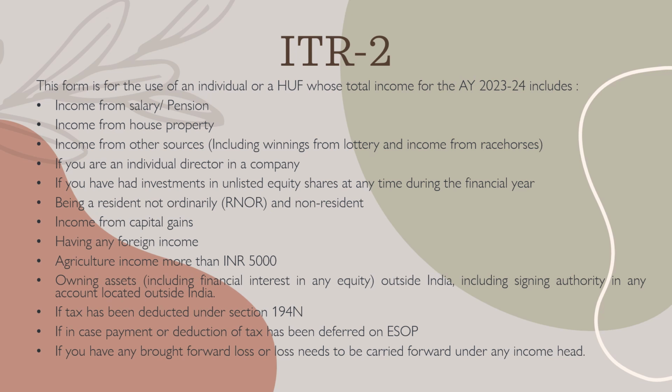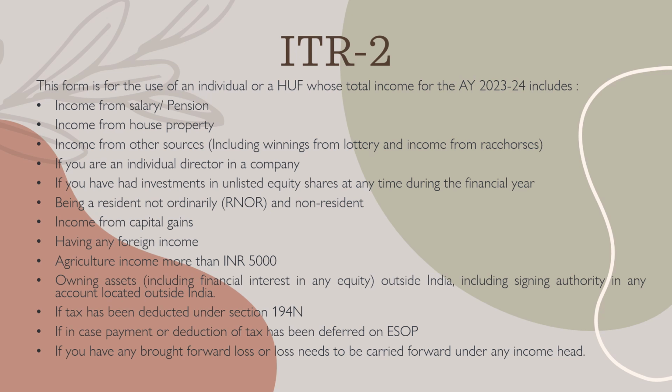If you are an individual director in a company, if you had investment in unlisted equity shares at any time during the previous year, being a resident, not ordinary resident, and non-resident, income from capital gain, having any foreign income, agriculture income more than 5,000 rupees, owning assets outside India, including signing authority in any account located outside India.